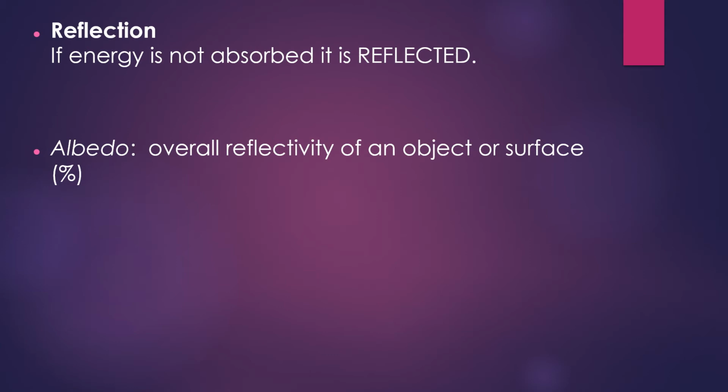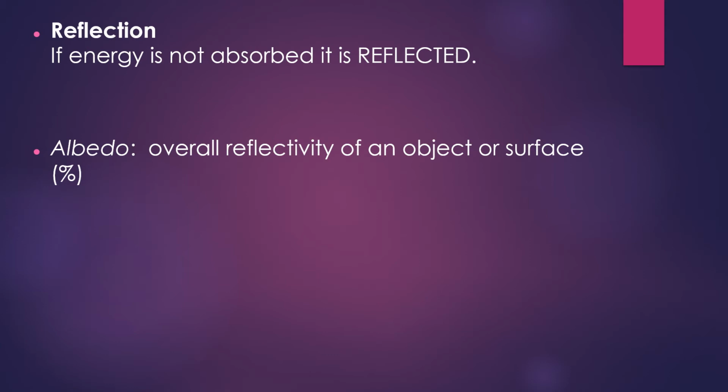Our dark oceans, I know they're blue, but mostly they're dark, absorb heat. So if we were to lose all our ice on the planet, we would already increase warming because there's no white snow to reflect sunlight.